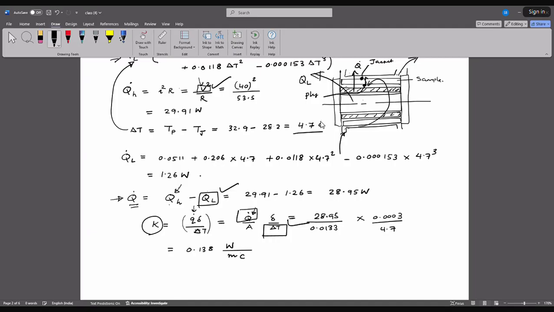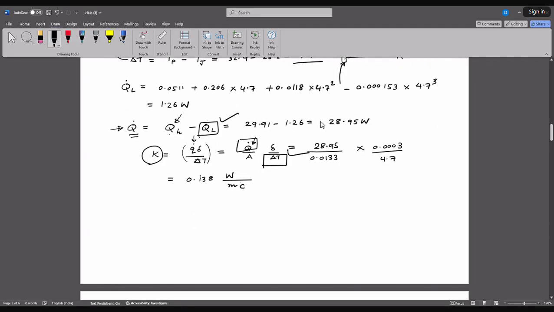First we need to talk about how the uncertainties in the heat loss and V affect Q. We have Q, which is Q from the heater minus Q heat loss. From the heater it is V squared by R, minus the heat loss. Both have an uncertainty.